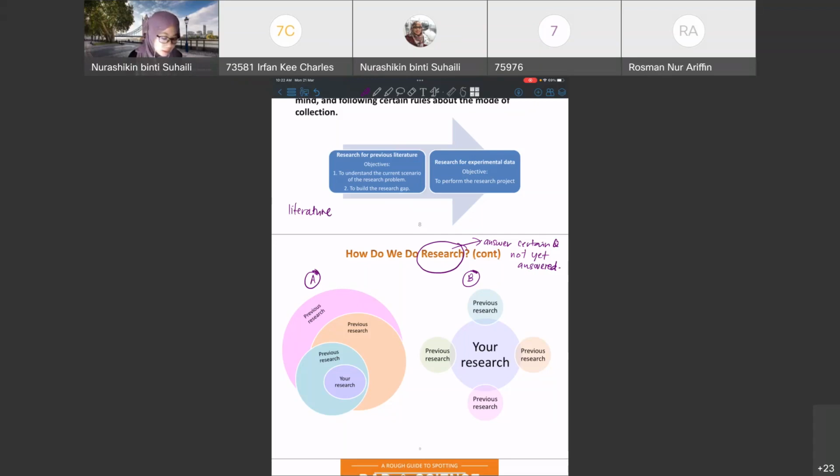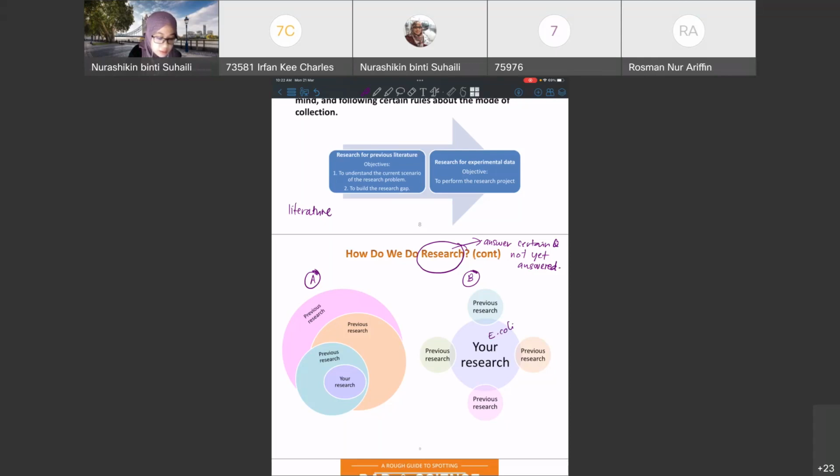But of course, we cannot come up with an area that is entirely new. We cannot, because sometimes there is an overlap, but there is still a gap. Okay, so that's why I explain B first. Sometimes you are investigating E. coli.